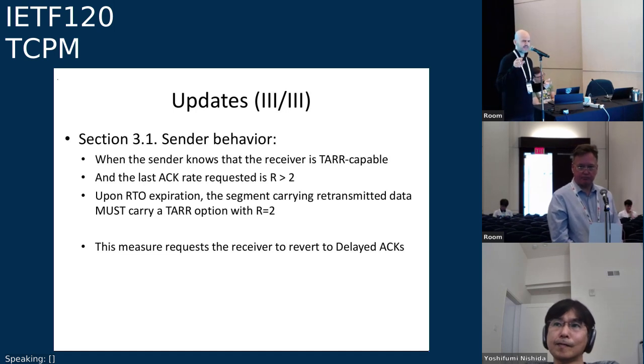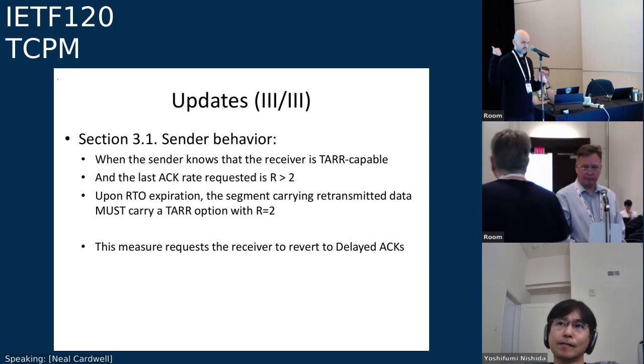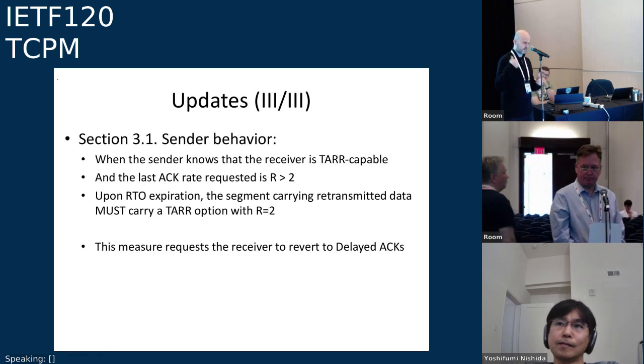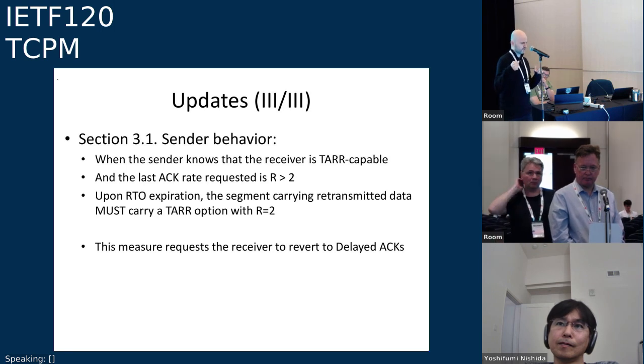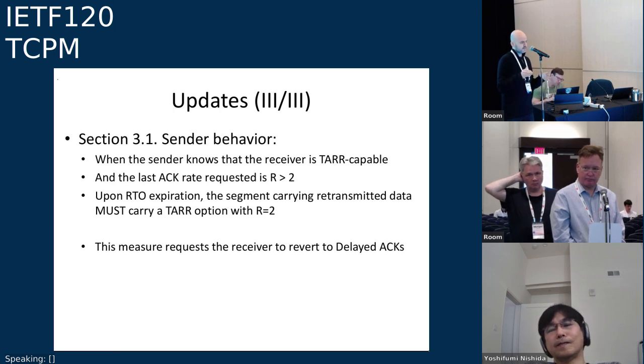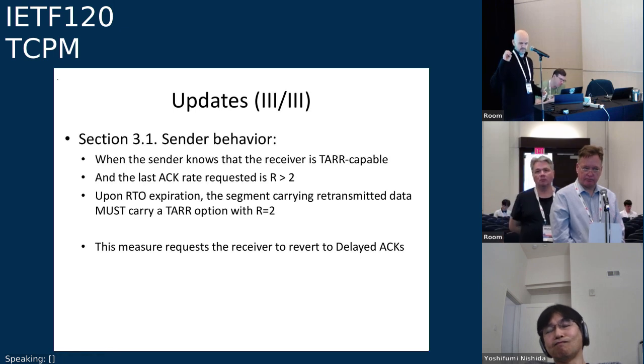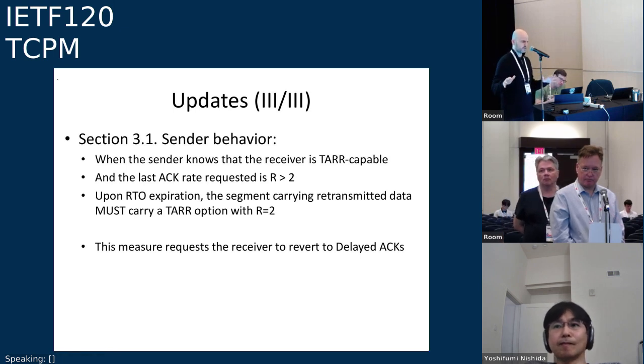But perhaps there's a cleaner way, which would be using one of the bits in the format of the option. There's one reserved bit. We might even steal one of the bits from the R field to signal the receiver to just stop using TAR.